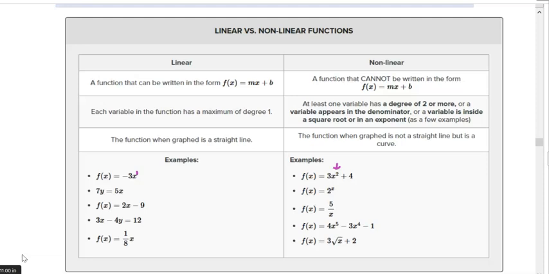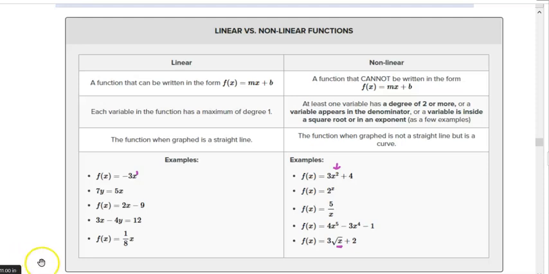So it has a degree of 2 or more, meaning the highest degree is 2 or higher. If the variable appears in the denominator, that's making it a rational function, and so that's not going to be linear. If the variable is inside a square root, like this one, then that means it's not linear either.